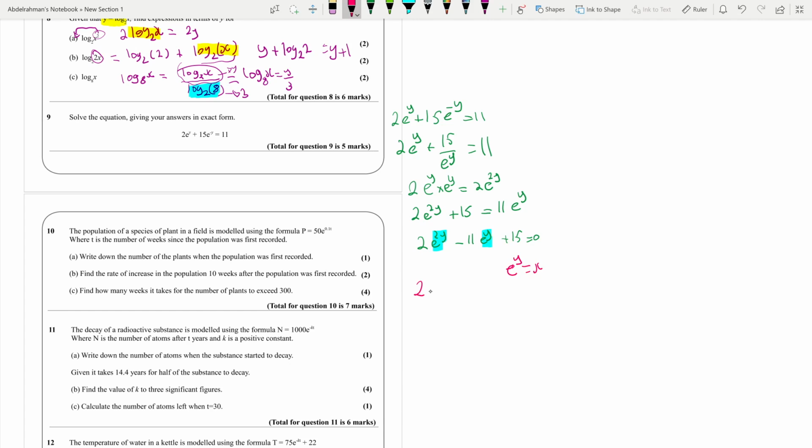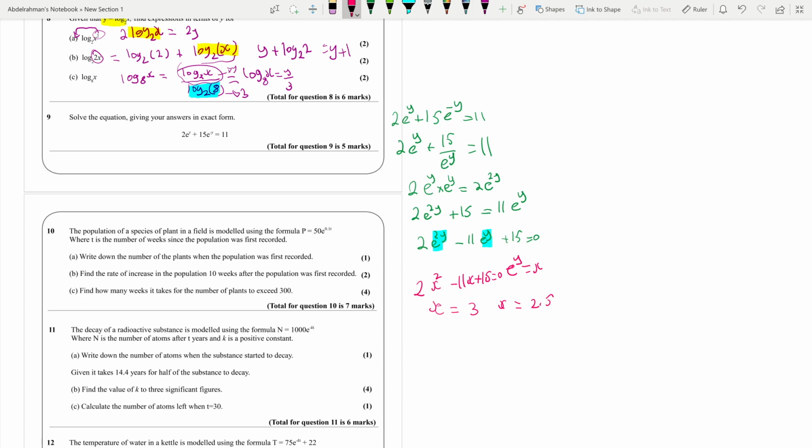So now we'll have 2x squared minus 11x plus 15 is equal to 0. And if you do the solution of that, we'll have x is equal to 3, or x is equal to 2.5.